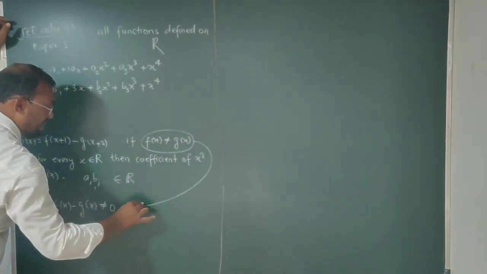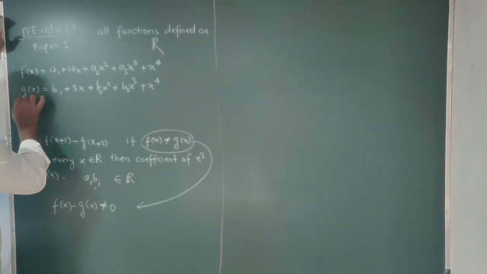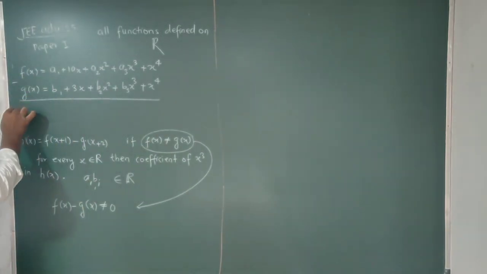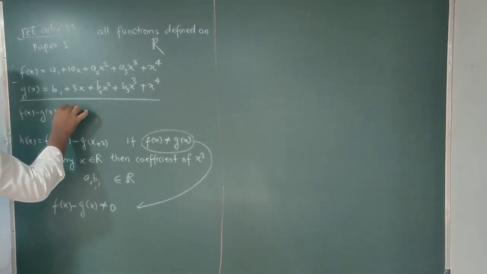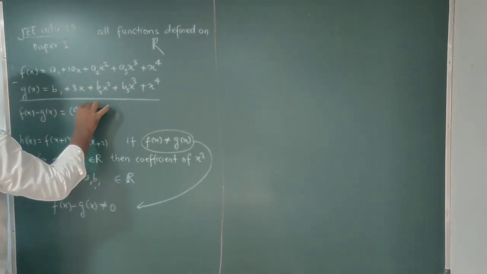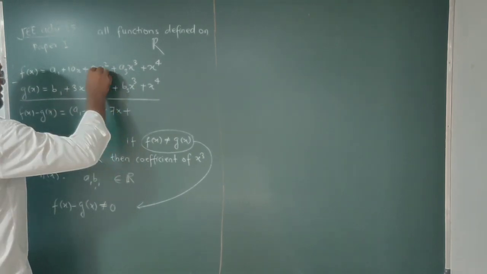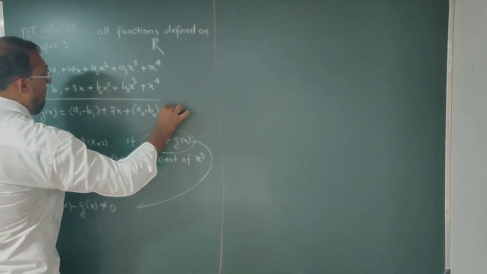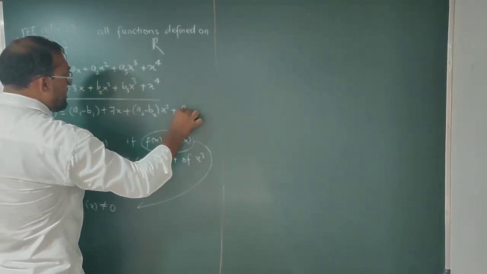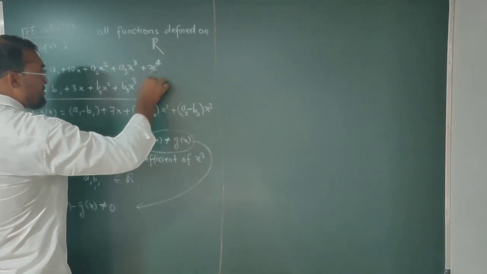Now if two things are equal, then the subtraction is 0. If both are not equal, then subtraction is not equal to 0. It's very simple. So using this, I will just subtract. What I get, f of x minus g of x, and if you simplify, I get a1 minus b1 plus 10 minus 3, 7x, plus a2 minus b2 x square, and a3 minus b3 x cube, and x will get cancelled, right?